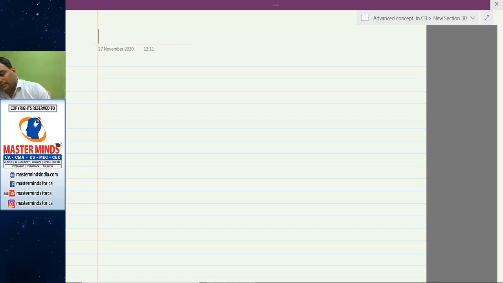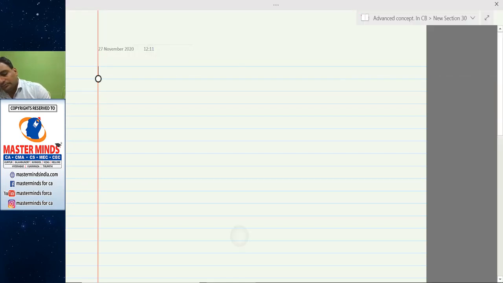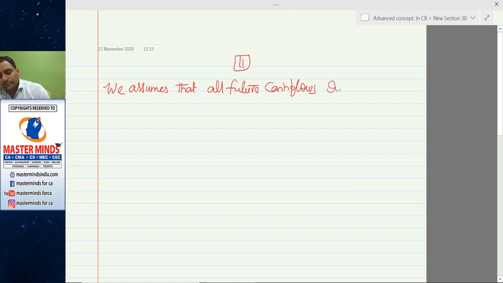In that case, we assume that all future cash flows will be reinvested at IRR.